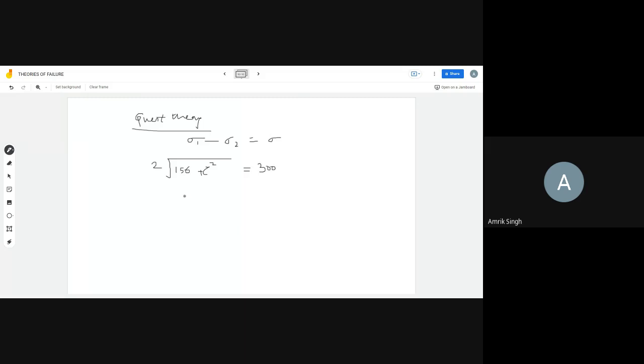If you solve from here, tau xy is equal to 85, or from 84.7. It is 85.